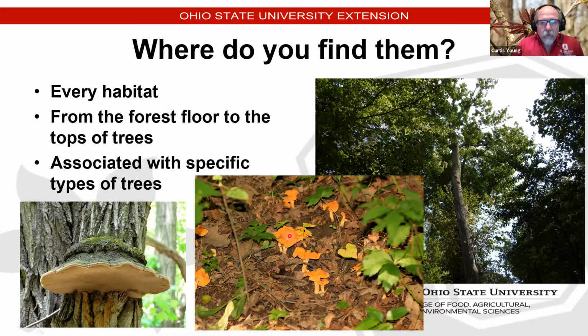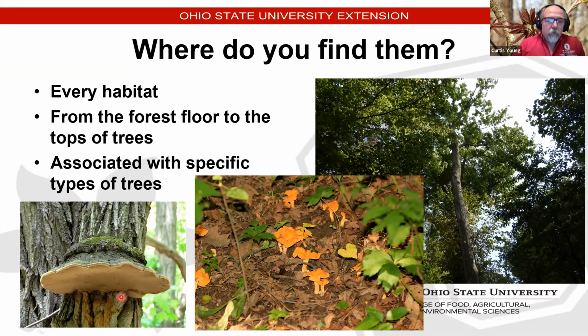These are chanterelles here, and this one is called the cracked cap Polypore. The interesting thing about the cracked cap Polypore is that it is very specific to black locust tree. So if you know that it's a black locust tree and you see one of these big polypores growing on the trunk, you know what it's called.